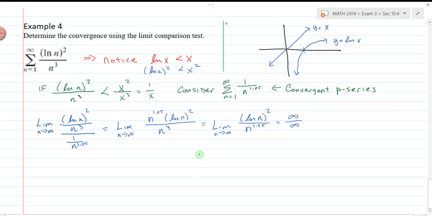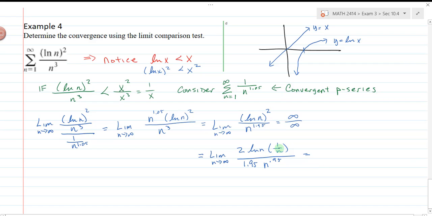And this is an indeterminate form, infinity over infinity. That means that we can apply L'Hopital's rule, and that would give us the limit as n approaches infinity of, we take the derivative of the numerator, and that's going to give us 2 times the natural log of n to the first times 1 over n, divided by 1.95 n raised to the 0.95. Let's simplify this.